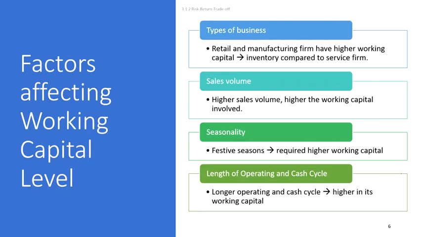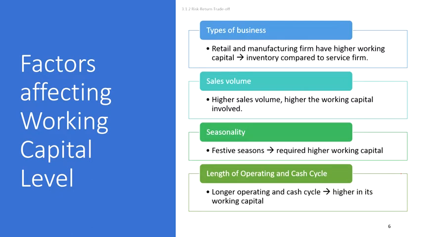So the fourth factor is length of operating and cash cycle. The longer the operating and cash cycle, the higher its working capital. Maksudnya daripada cash tu, dia akan beli dari supplier. So dia pun baru akan jual kepada customer. Lepas tu barulah dia akan convert pada cash balik.